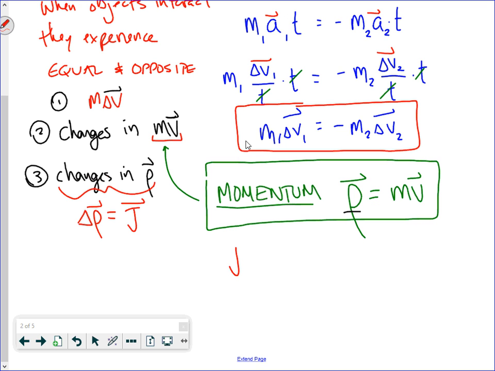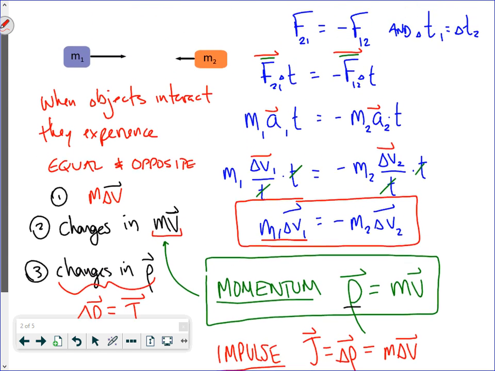So J equals, well, let's see, change in momentum, impulse, yeah, sure, impulse, by definition, is change in momentum. But remember, where did we get these m delta v statements?